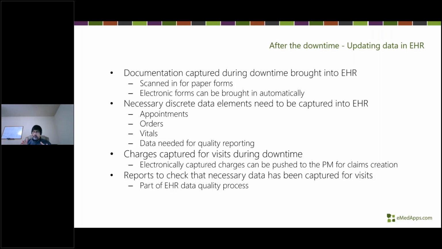Again, it's important for your quality reporting, so you want to make sure that you have visibility into that, so that if you're checking to make sure that orders have been brought in for those visits or whatever the appropriate data elements are for your organization, that you have some sort of a post downtime process in place to check that data has been updated and that data is available in the system.